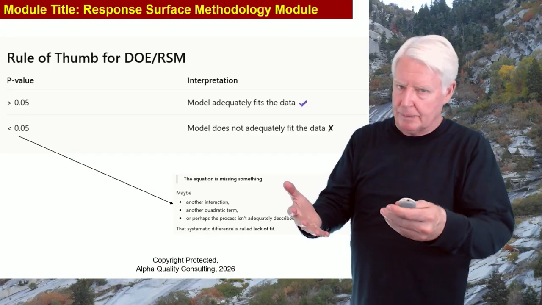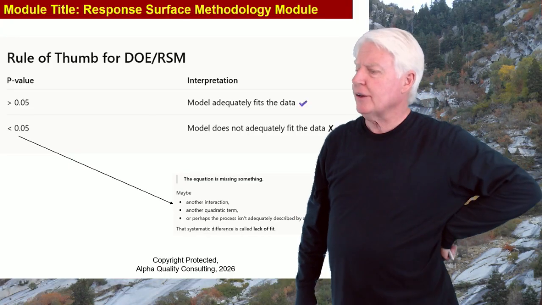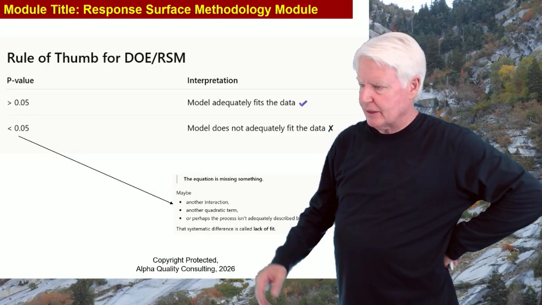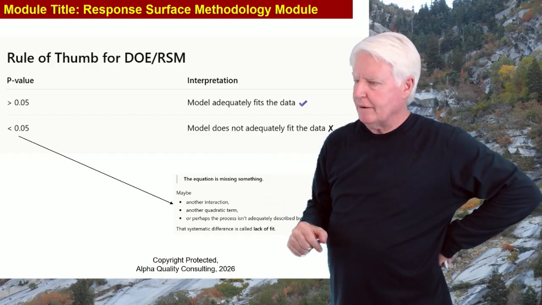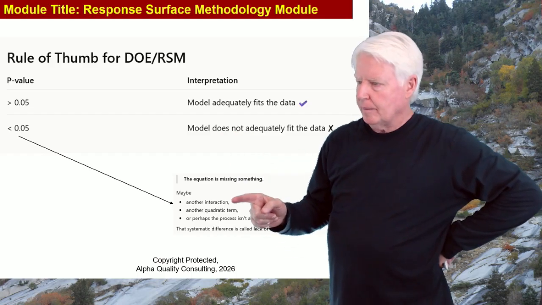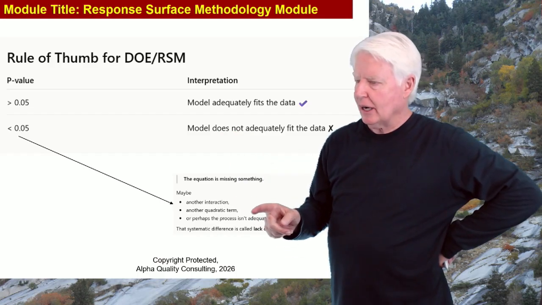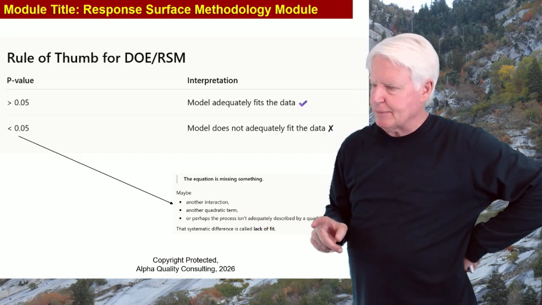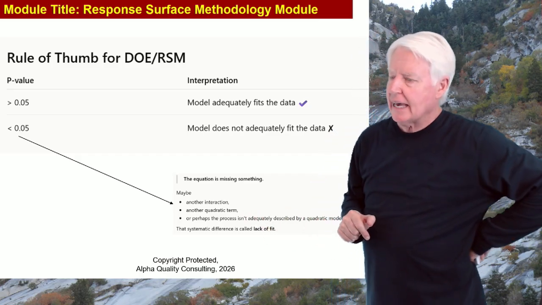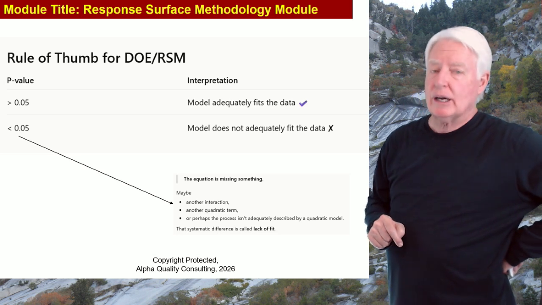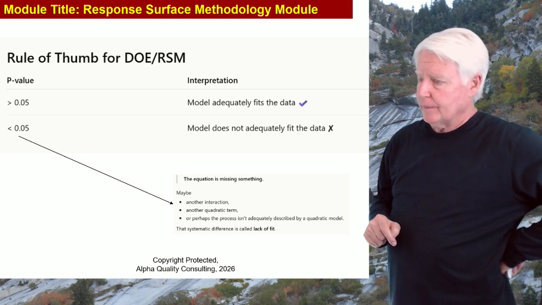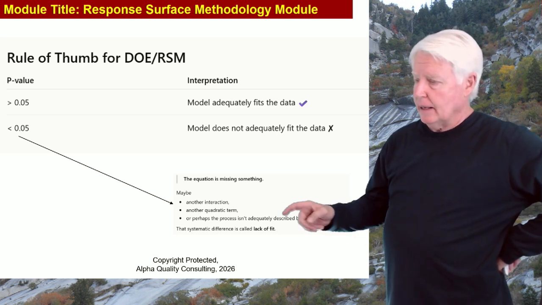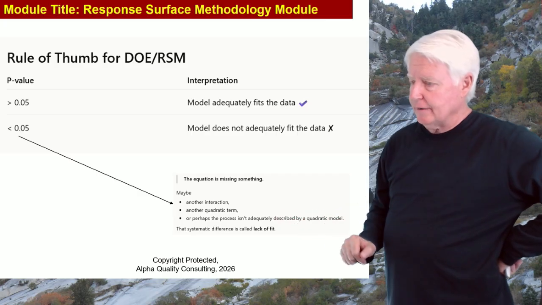Remember, I'm going to bring this up again, because these are the three things that most likely are missing if you have a low p-value. You may be missing an interaction, another quadratic term is out there somewhere, or perhaps the process isn't adequately described by a quadratic model. Okay, that systematic difference is called lack of fit.